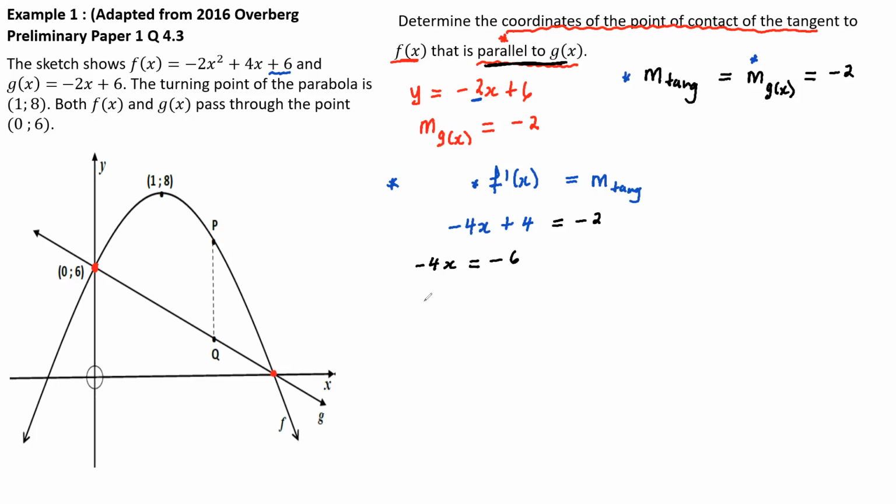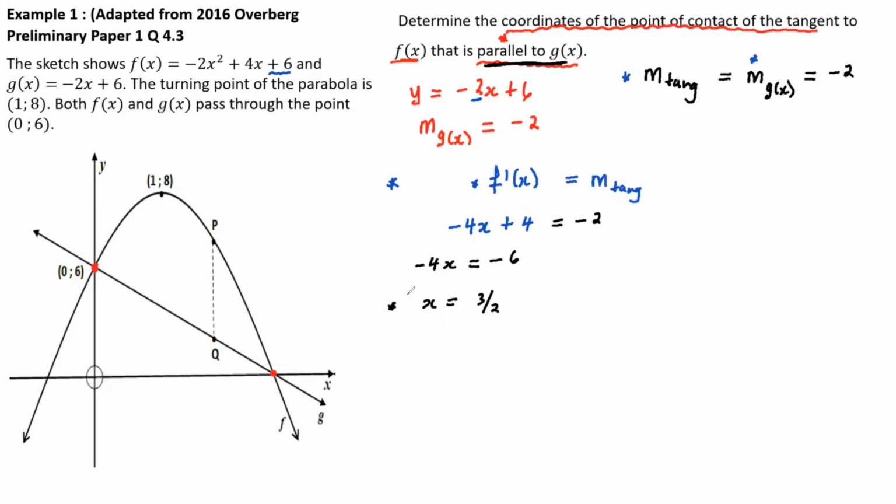X at the end of the day is equal to 3/2. So what have I found? I have found the x coordinate of the point of contact. The point of contact happens when x is 3/2. Right there, I have found it.